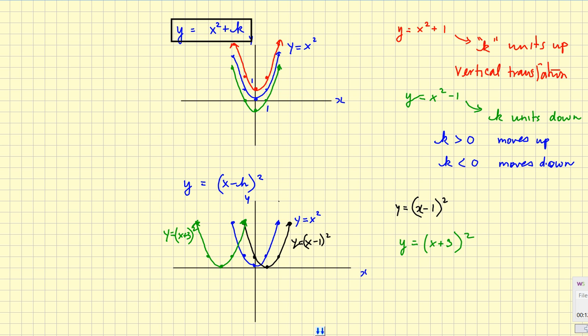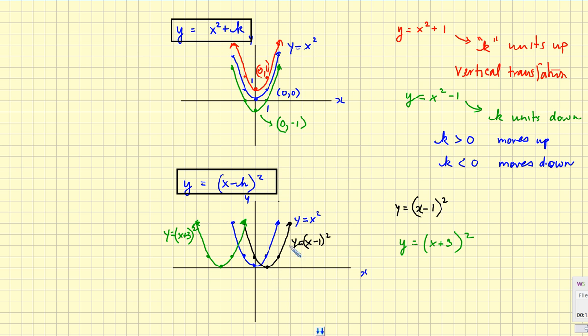All right, now, one thing I did forget to mention in all of these graphs, in both the first and in the second case, is that we have a vertex on all of these, so that the vertex is referring to either the highest or the lowest point. So for example, in the x squared minus 1 graph up here in the first one, in the green graph, my vertex turns out to be 0 and negative 1. My original blue graph of the x squared, the vertex was 0, 0, and my vertex of the x squared plus 1 graph went to 0, 1.